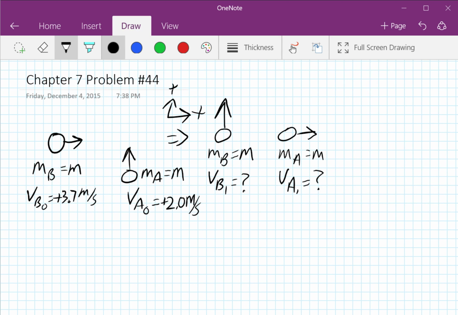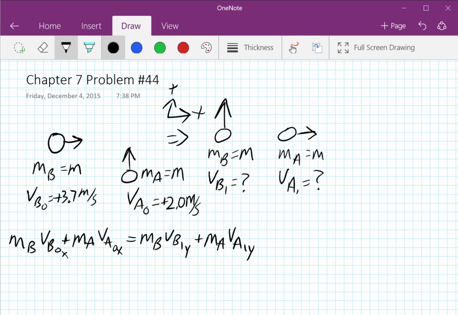So in the x direction, you're going to have m b v b initial in the x plus m a v a initial in the x equals m b v b final in the y plus m a v a final in the y.